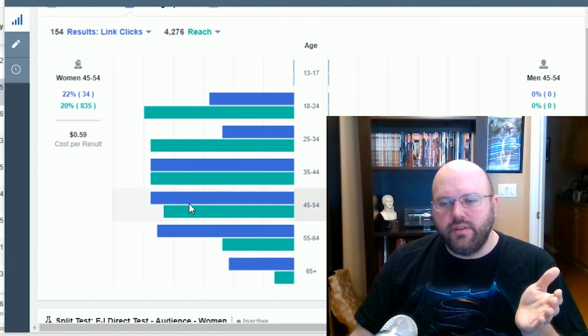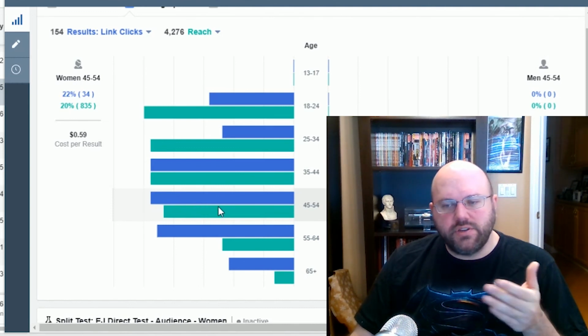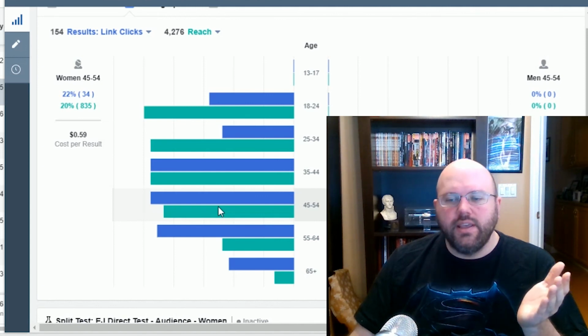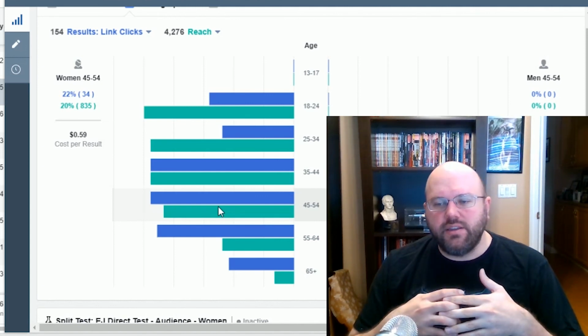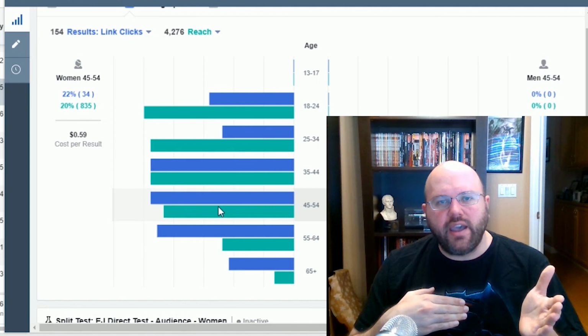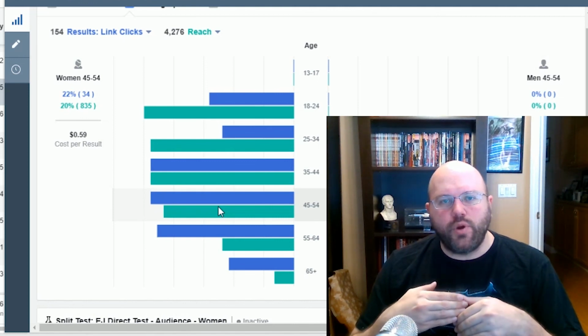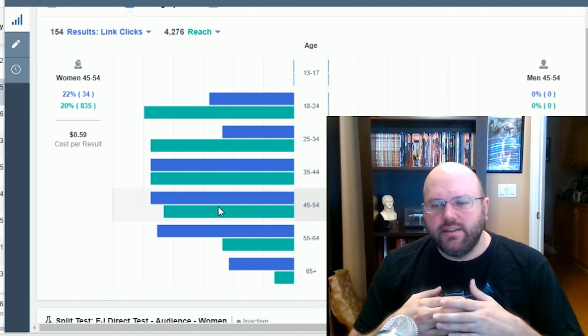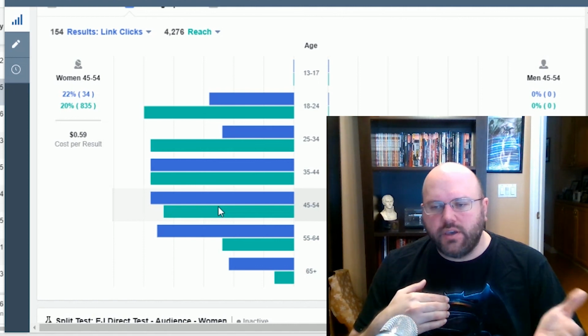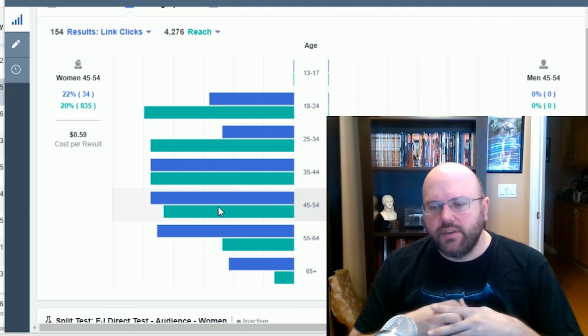And in 45 to 54, people are clicking on it more than it's being served to them, which is pretty good. So basically, even though the reach is still very high, we're getting a lot more engagement with our ad from the ad that's being served.